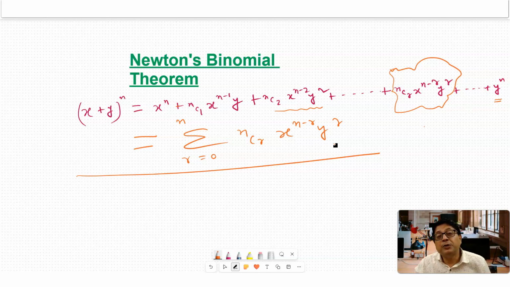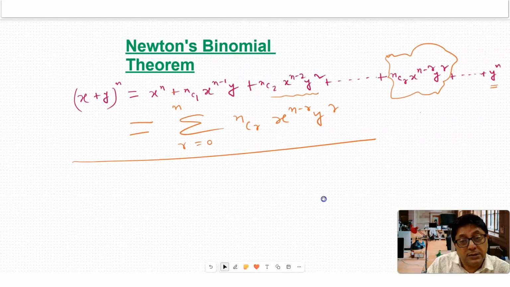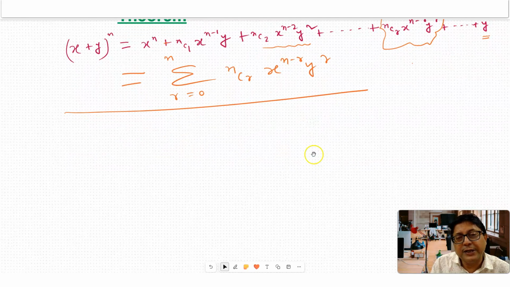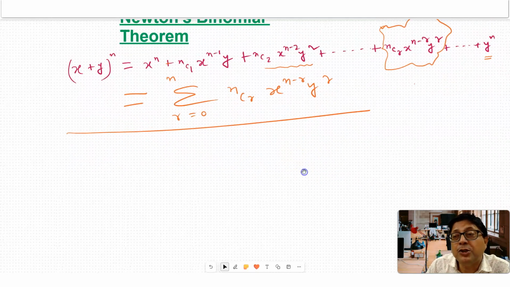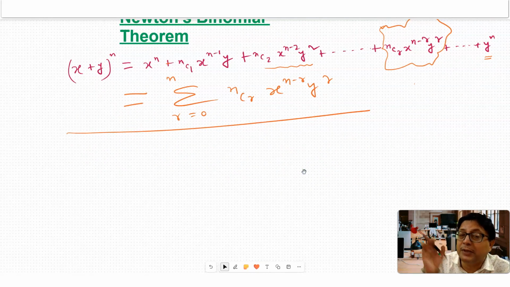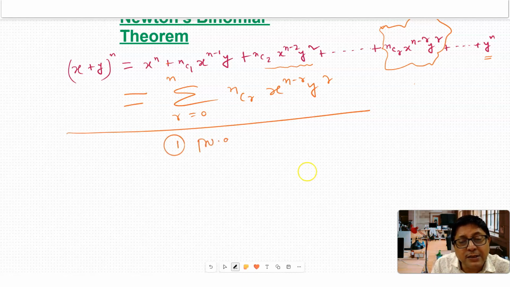Okay. So Newton's binomial theorem will help us to find the expansion of any binomial when positive integral indices are there. Now in this binomial theorem we will make a few observations which we have done before. Here the number of terms after expansion is going to be n plus 1.